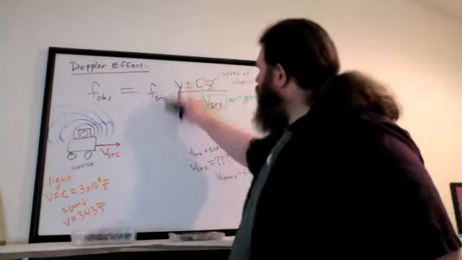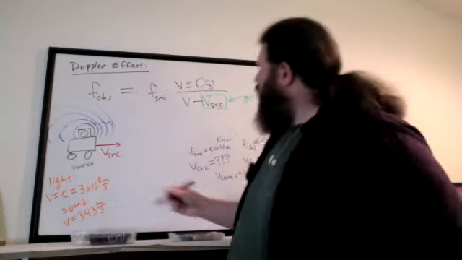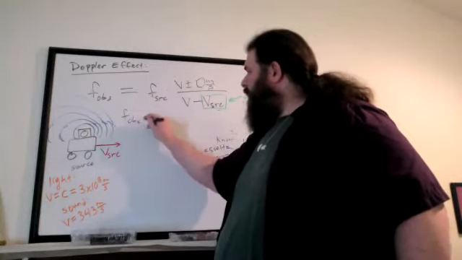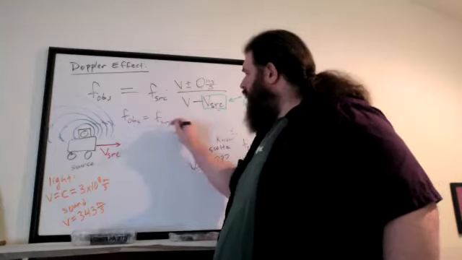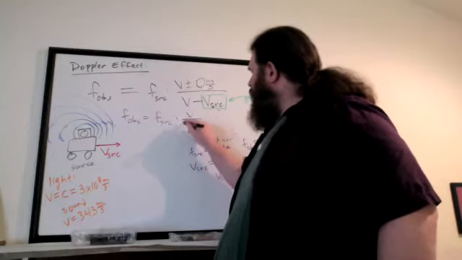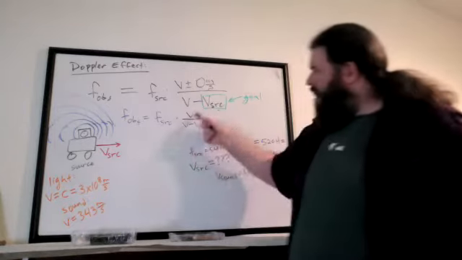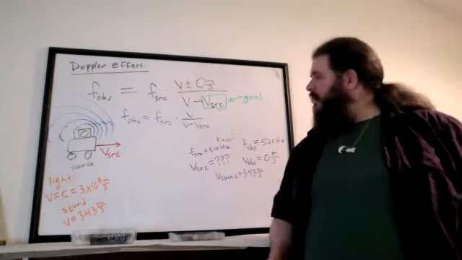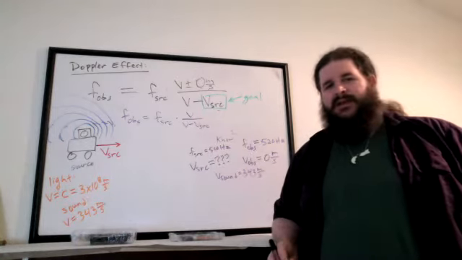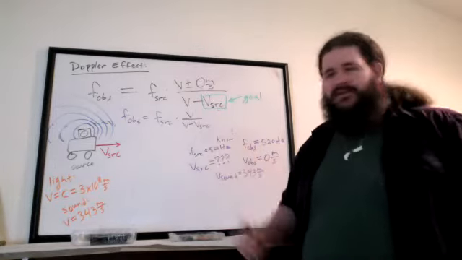So looks like we've got frequency of the observer, which we know, equals frequency of the source, which we know, times V over V minus V source. So V is speed of sound, which we know. V source is the only unknown. So without even plugging in any more numbers yet, how would you algebraically start isolating V source?